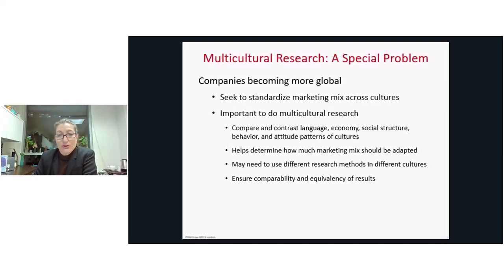Now, shifting gears to multicultural research. Now we've got a special problem. Companies are seeking to become more global, and they may well seek to standardize the marketing mix across the cultures, but that may not be adequate in acknowledging the cultural differences.